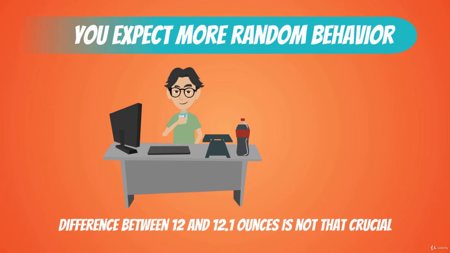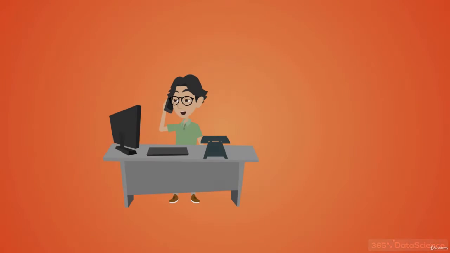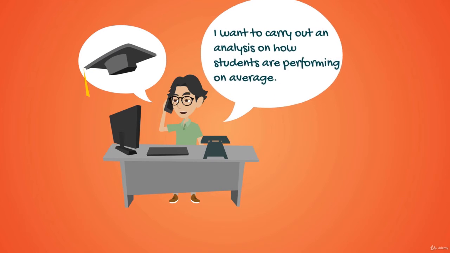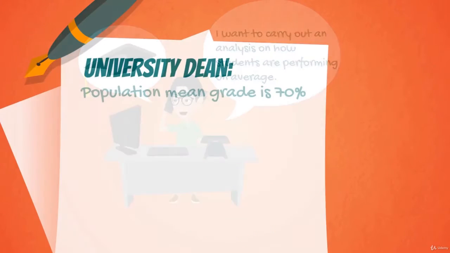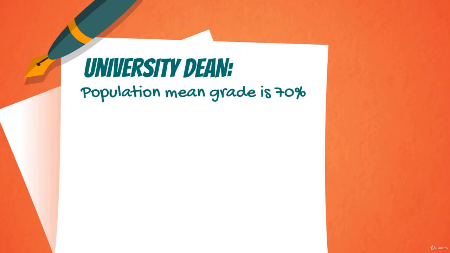Okay, now that we have an idea about the significance level, let's get to the mechanics of hypothesis testing. Imagine you are consulting a university and want to carry out an analysis on how students are performing on average. The university dean believes that on average students have a GPA of 70%.